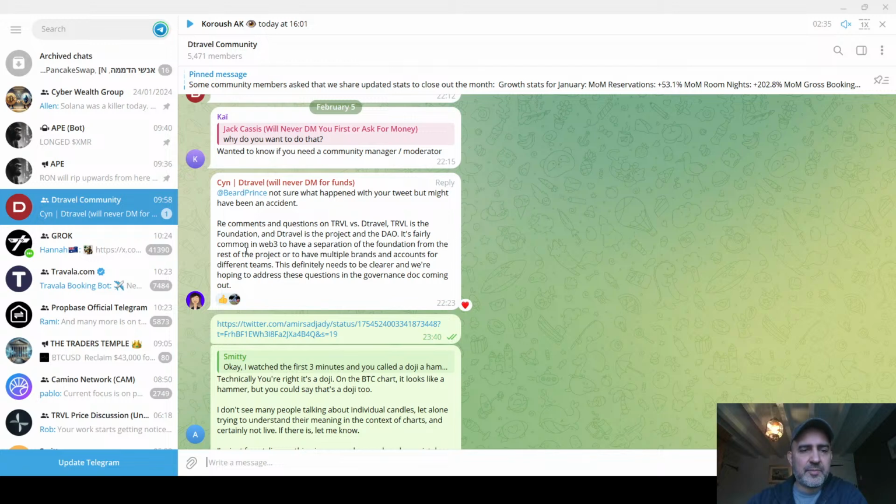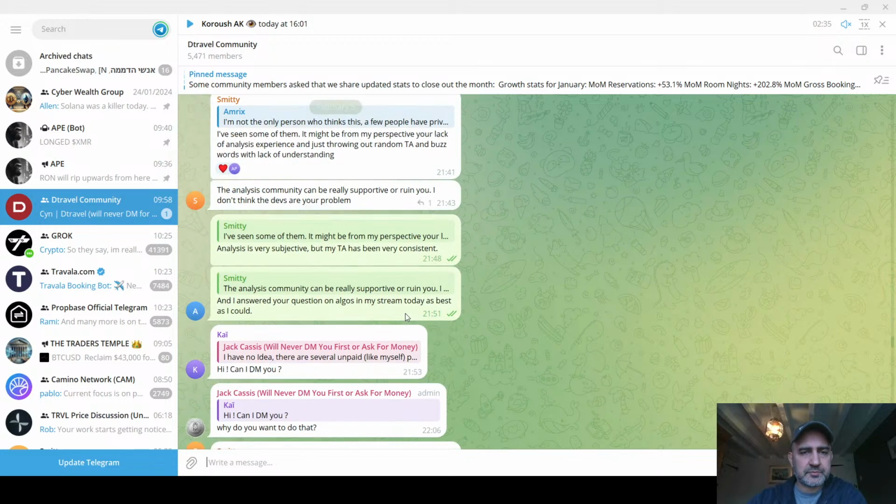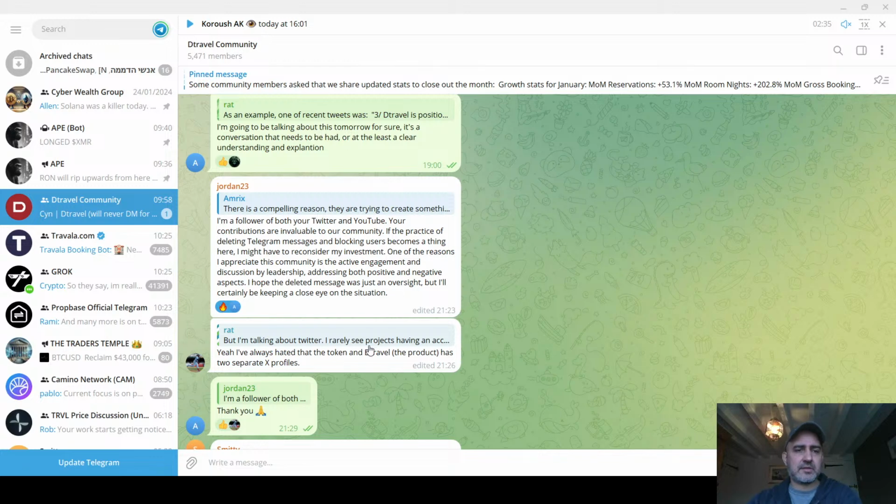It's fairly common in Web3 to have a separation of the foundation from the rest of the project, or to have multiple brands and accounts for different teams. This definitely needs to be clearer, and we're hoping to address these questions in the governance doc coming out." Okay. All right. So we just have to wait.